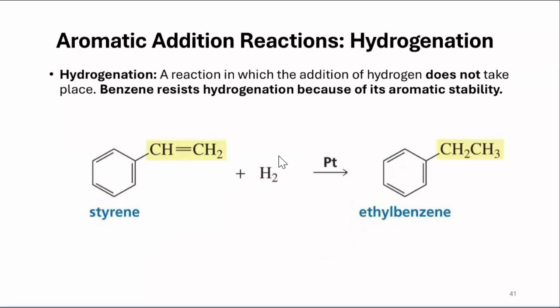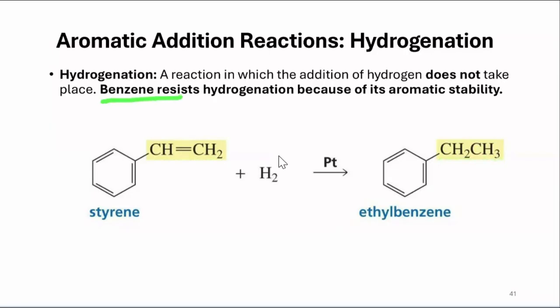It is important to note that not all unsaturated hydrocarbons can hydrogenate. If styrene undergoes hydrogenation, only the alkene portion of styrene, meaning this, is what gets hydrogenated.